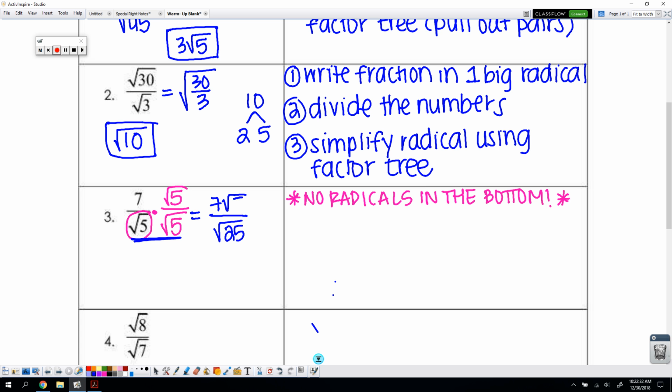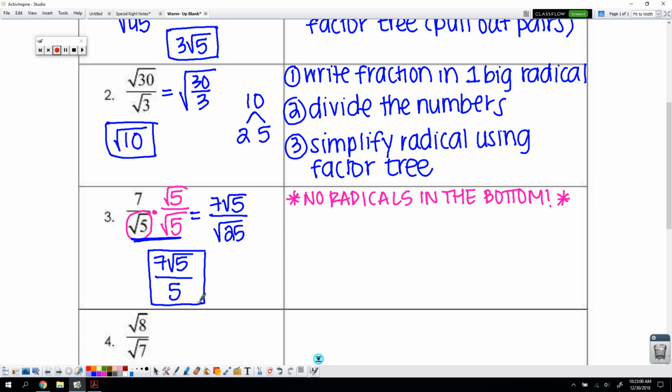They must be close. And if you look at it, we have the square root of 25 on the bottom. What is the square root of 25? The square root of 25 is, you're exactly right, it's 5. And that is your final answer.